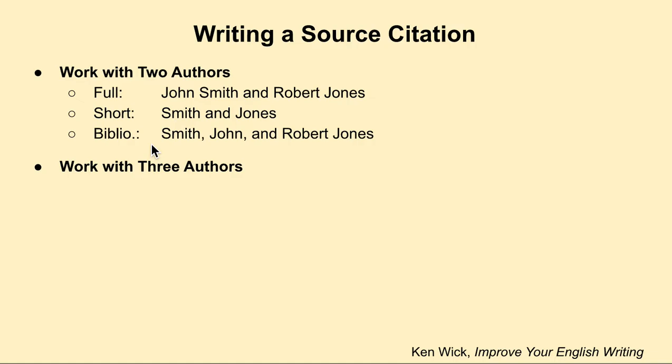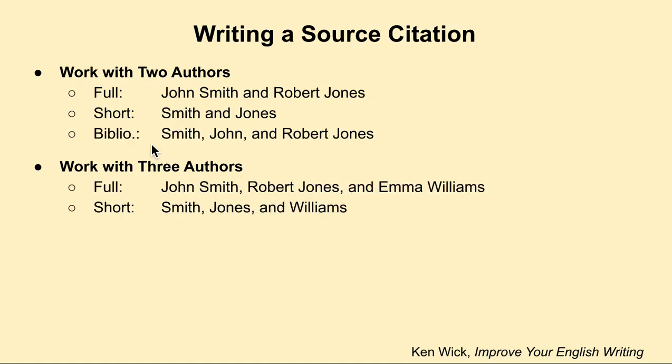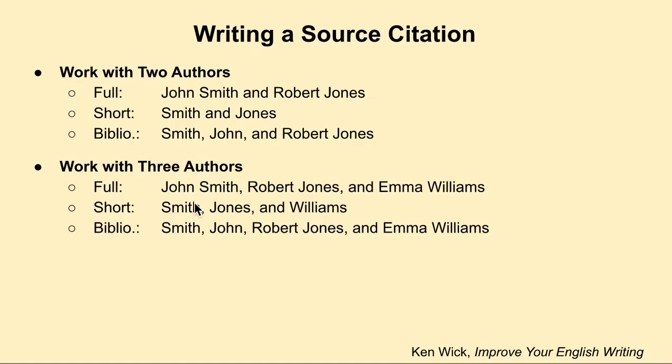What happens when you have three authors? Well, this is what you do. The full citation is John Smith, Robert Jones, and Emma Williams. So you just put the first and last names, or if they had middle initials, you would put the middle initials. You just list the authors, basically like if you had a series of items.